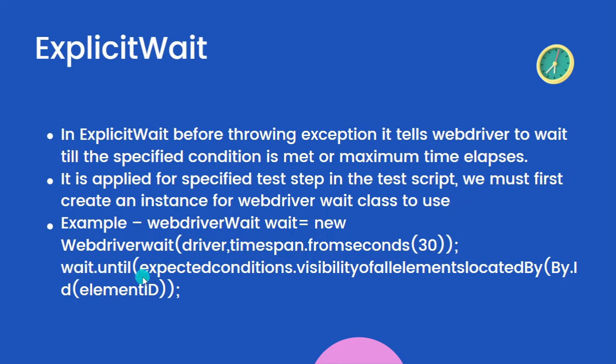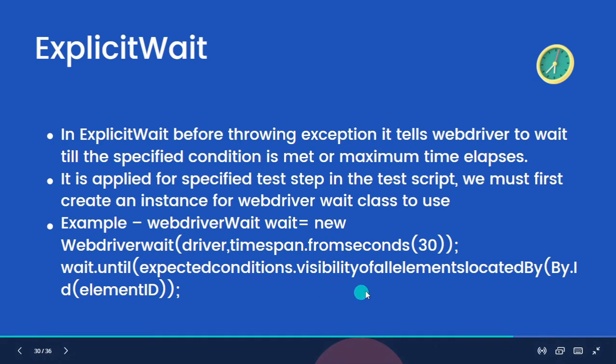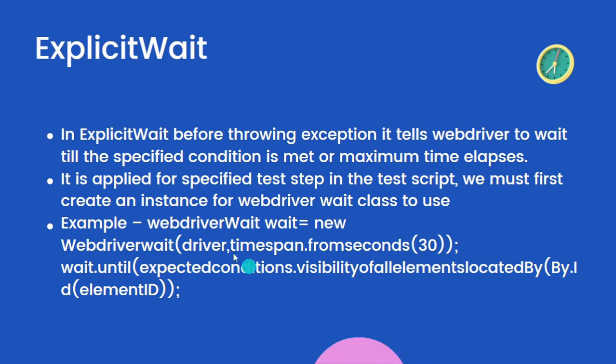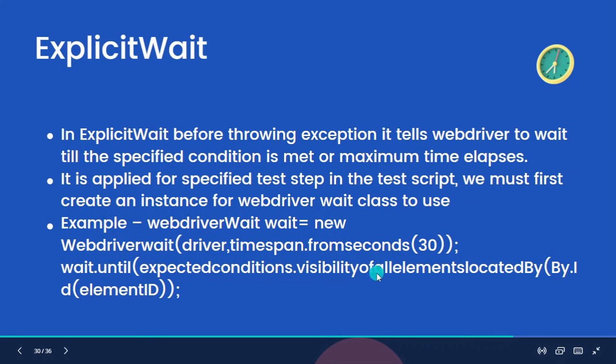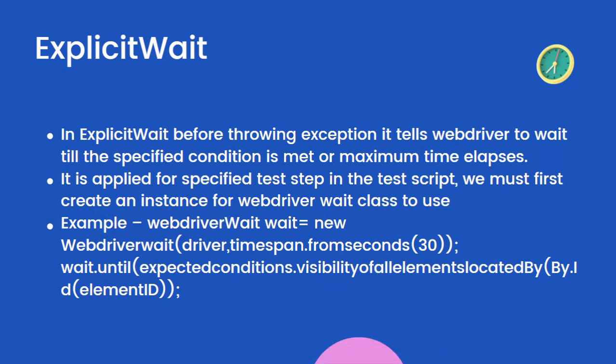So wait.until(ExpectedConditions.visibilityOfElementLocated(By.id(...))). Here we are telling the WebDriver to wait until it finds this web element which we have defined. So it will wait for that particular 30 seconds, and in those 30 seconds it will check if it is able to find that web element. If it finds that web element, it will continue with the execution. If not, it will wait for that particular time which we have defined.